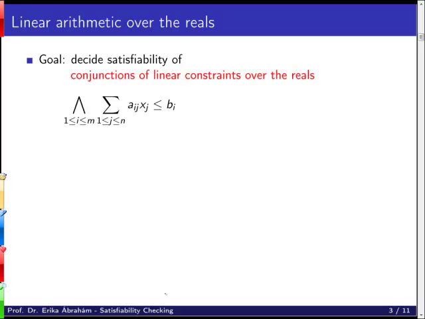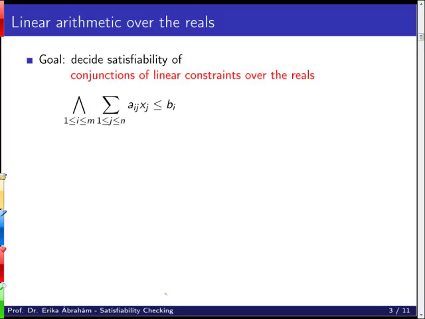What does linear mean? What is not included? Multiplication is not included, so I have only addition. Here I have a multiplication. So if I don't have multiplication, why do we allow such terms?